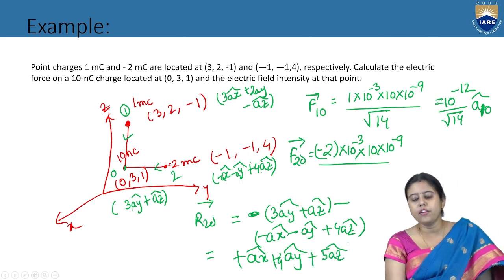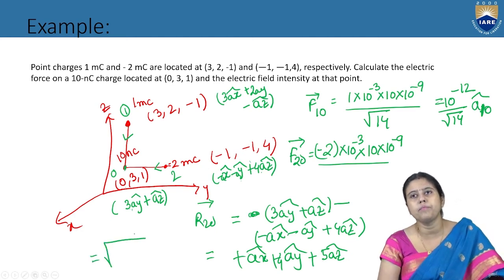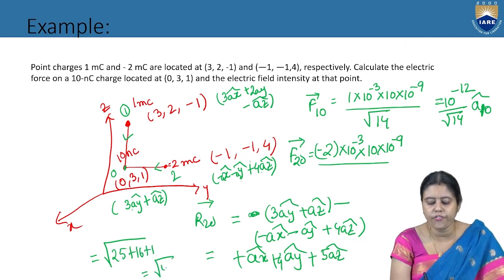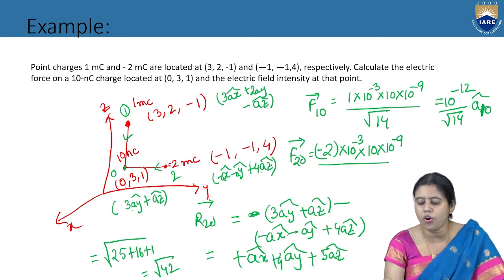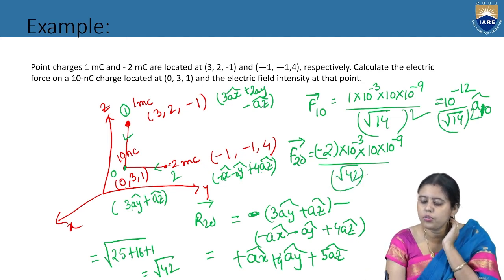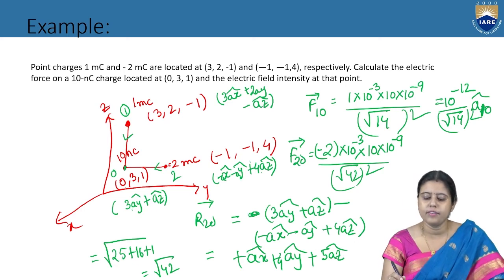So what is the value of this line? 25 plus 16 plus 1. So it is coming root 42. So like this we can get the value of this root 42 whole square. Q1 Q2 by R square.